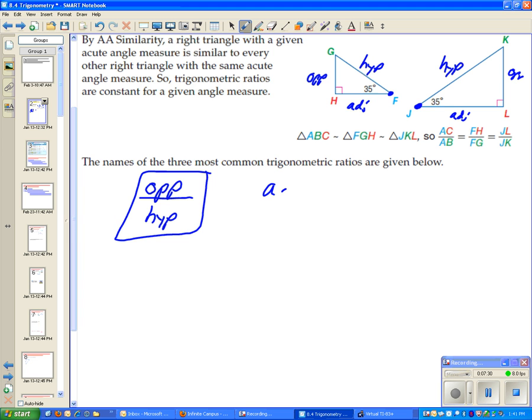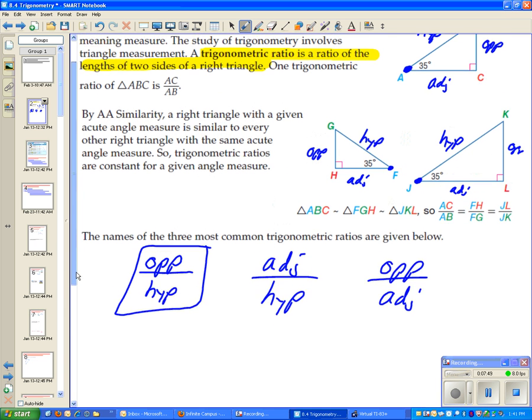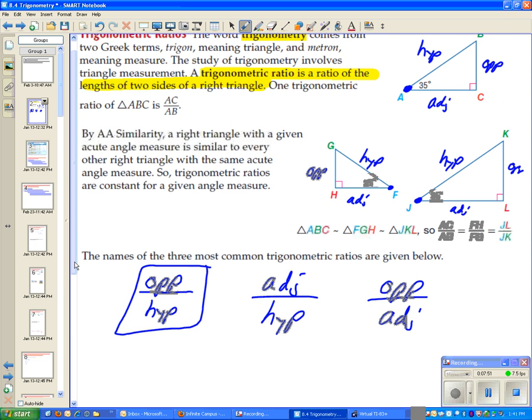I could also make a ratio out of adjacent to hypotenuse. And if I did that for all three of those triangles, since they're similar, I'd get the same ratio every time. And I can even make another ratio of opposite to adjacent. And if I do that for those three triangles, since they're similar, that ratio of opposite to adjacent will be the same every time.